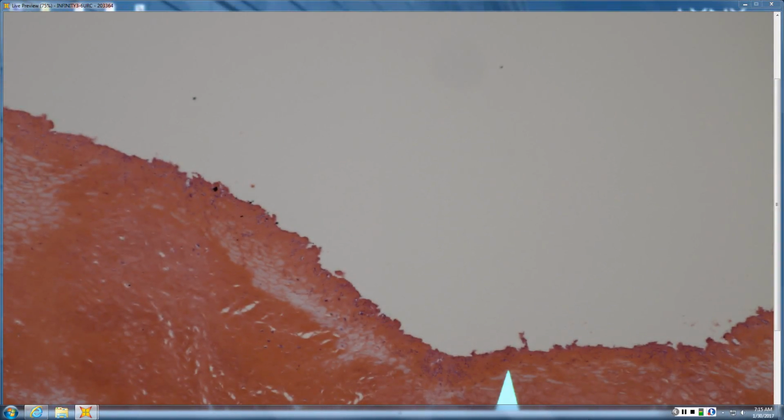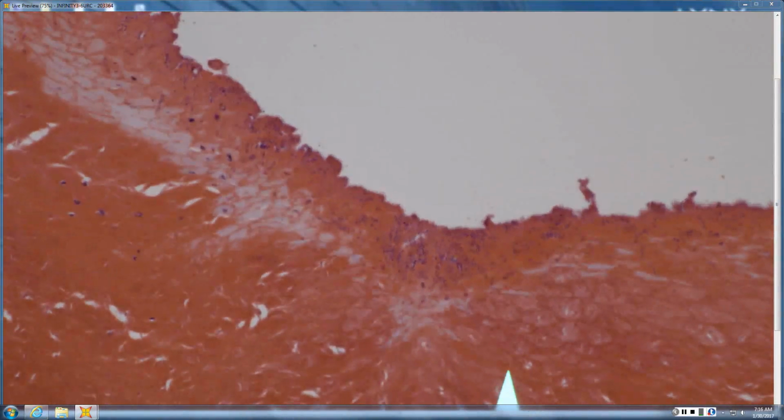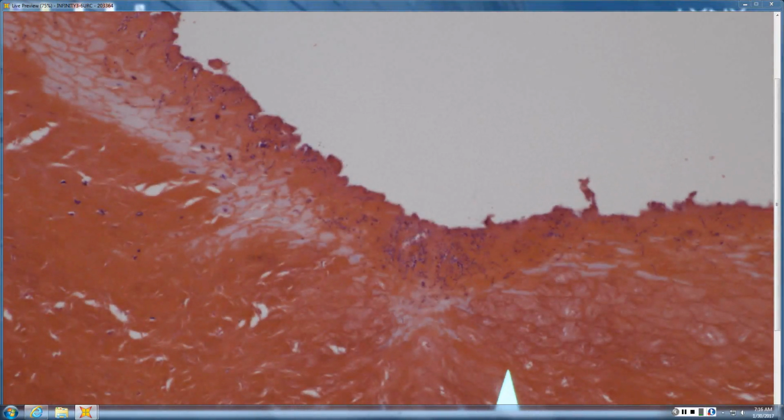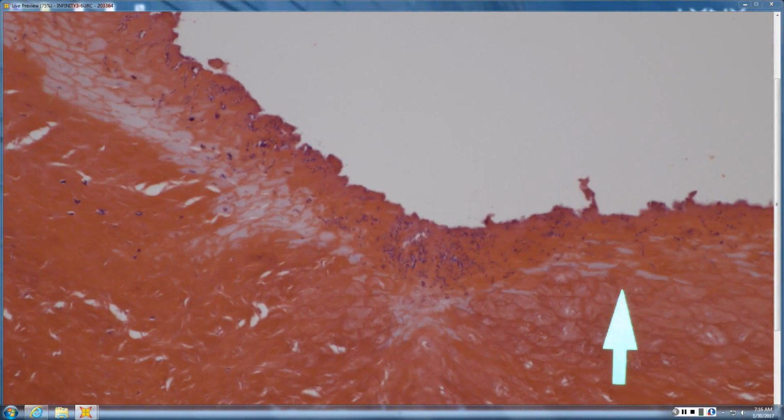Pitted keratolysis is caused by Kytococcus and also Corynebacterium. So here are the organisms. Try and get them on the screen. Okay. So you can just see there all the organisms. That's the pitted keratolysis.